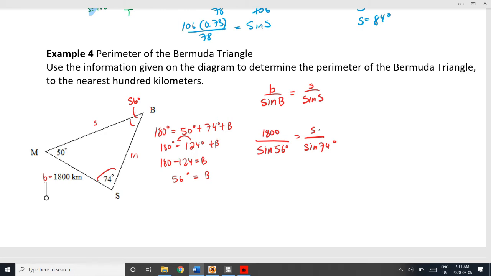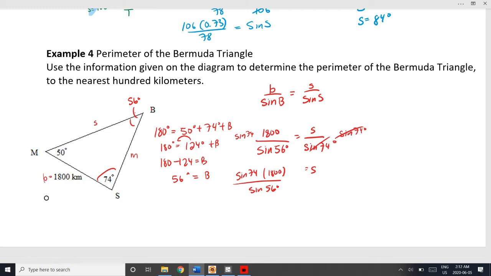And to solve for S, we need to get it by itself, so we have to multiply both sides by sine 74 degrees. These are going to cancel, and then we're going to get S by itself. So sine 74 times 1800 divided by sine 56 degrees is equal to S.